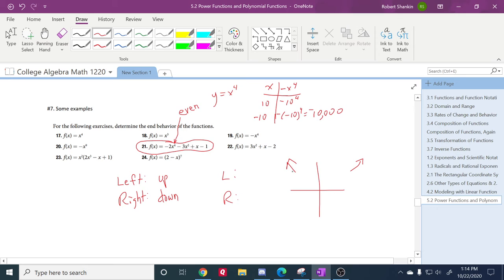So we were going in the right direction, putting them together, but it winds up being both down. Any questions on this?